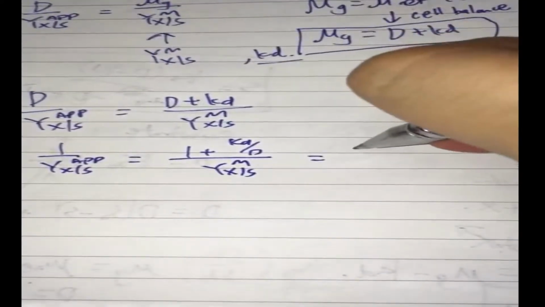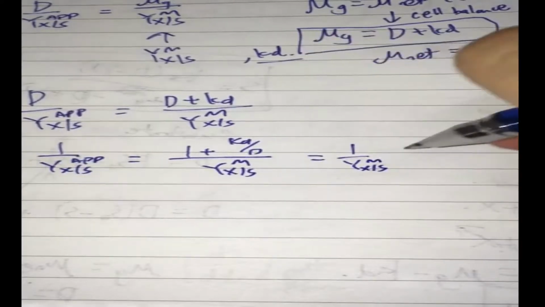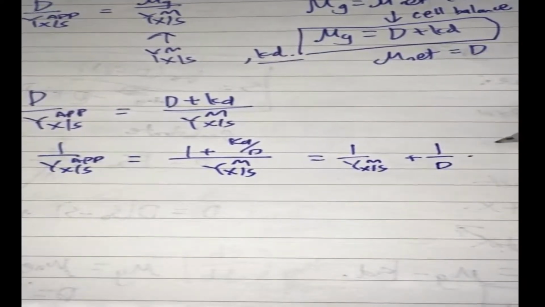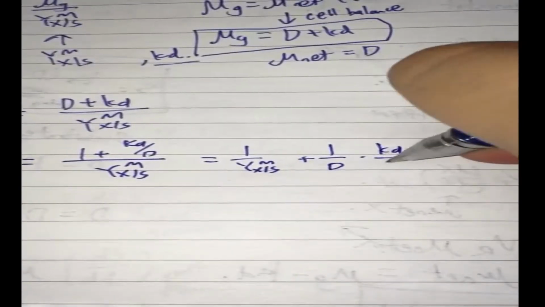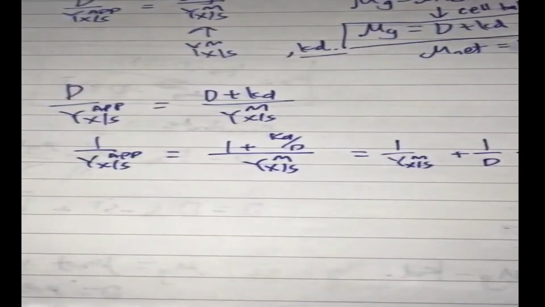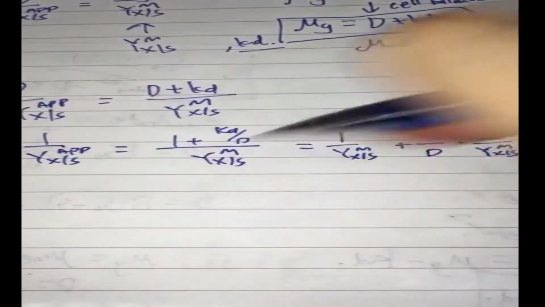So on the right hand side, the first term will be as such, and the second term will be 1 by d into KD over Yx by S maximum. And here you can see already that there's an equation starting to form.